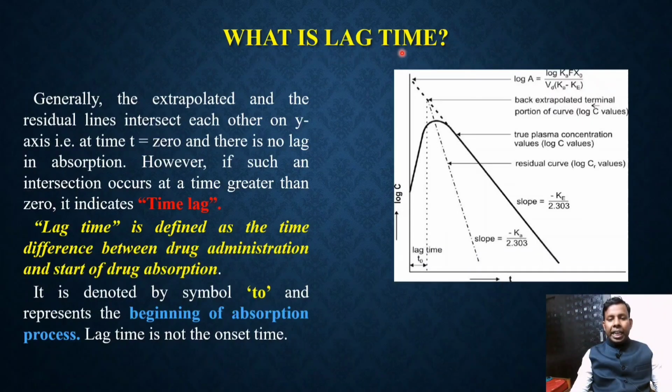What is lag time or time lag? Lag time is defined as the time difference between drug administration and the start of drug absorption. It is represented by the symbol T naught. Here in this graph, this is T naught or lag time. At time 0, the drug will be administered, but the drug absorption will start at this point.